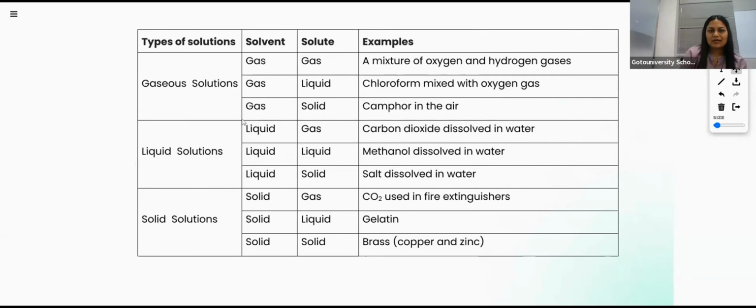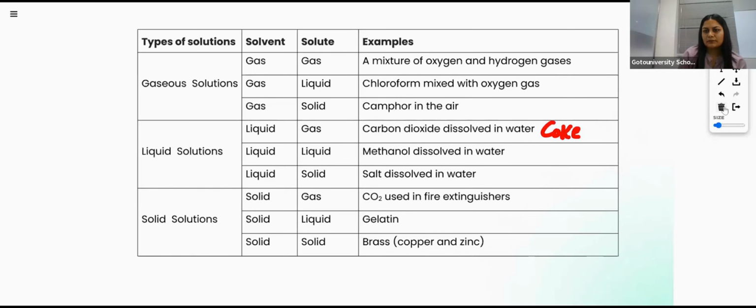Liquid solution, as usual, we are having liquid in larger quantity present here as a solvent and the solute in smaller quantity. The first example of gas in liquid solution is carbon dioxide in water, right? We can add another example here, that of Coke.